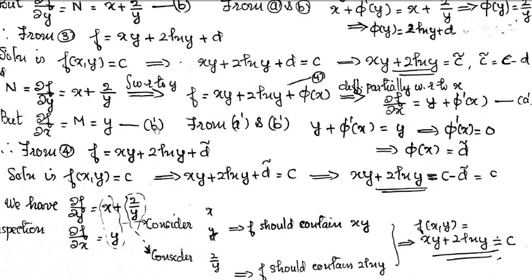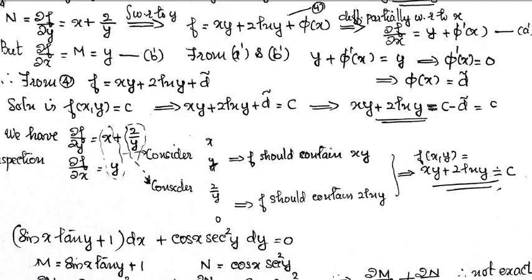So equating A dash and B dash, we get y plus phi dash x is equal to y, which implies phi dash x is 0. Our aim is to get phi of x. So integrating this expression with respect to x, we get phi of x is equal to d tilde, an arbitrary constant.